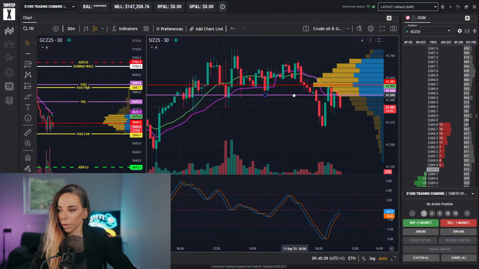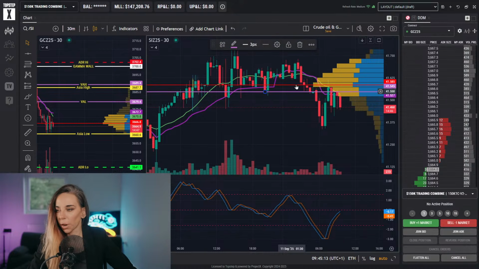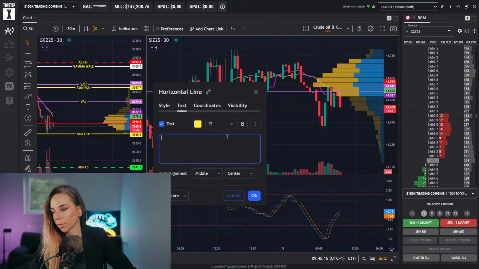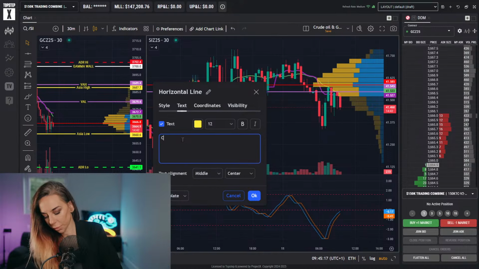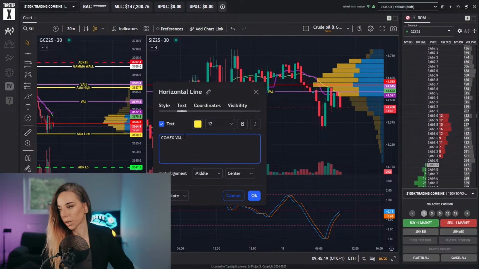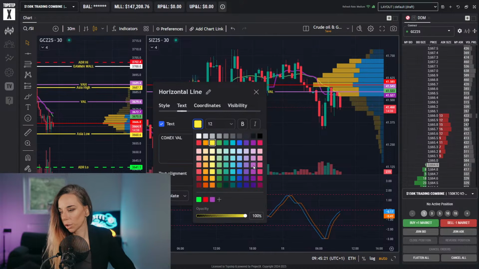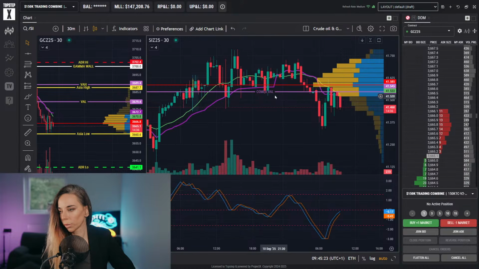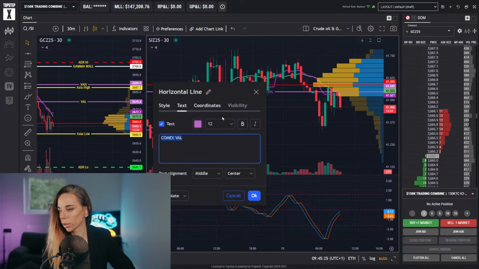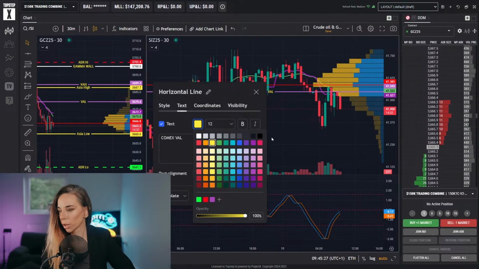Let's say 41.545 because it's 5 points. So I'm going to mark that as COMEX VAL and change it to my purple color. Oh, that's a text. So that should be yellow still.